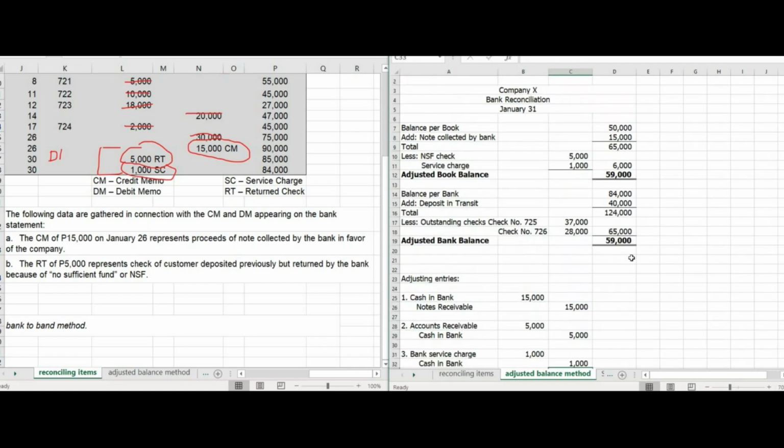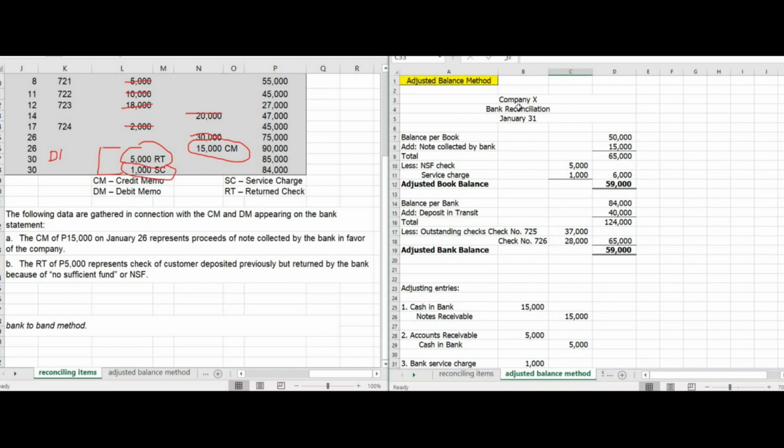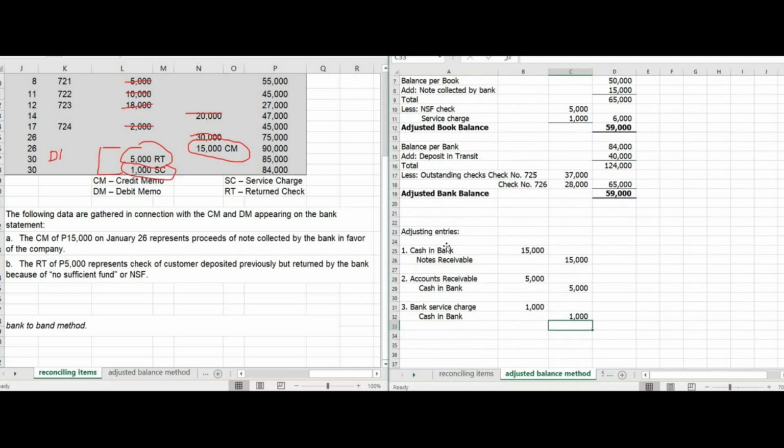So, there you have it: our adjusted balance method, the bank reconciliation statement, and our adjusting entries. Again, only the book reconciling items need adjusting entries to update our records.